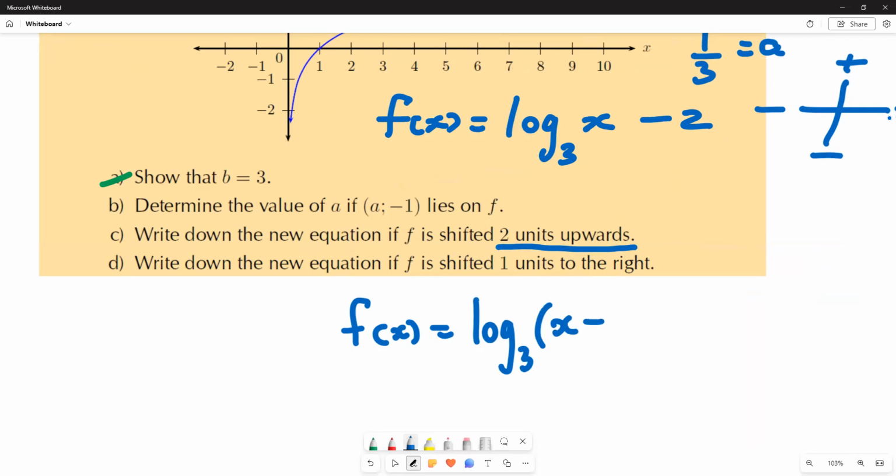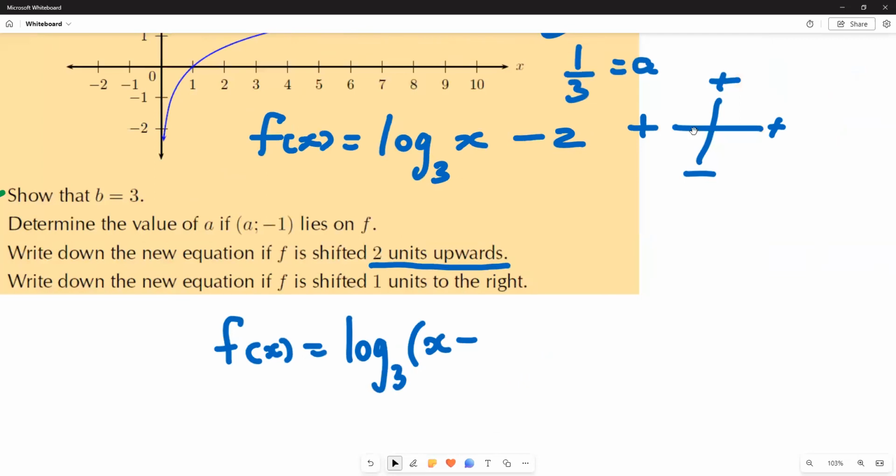This is to the left we add, sorry about that, here we're going to subtract, which is to the right. You subtract on x because left and right are on the x-axis, and up and down are on the y-axis. So this is your new function.